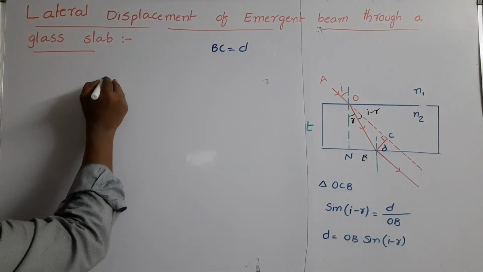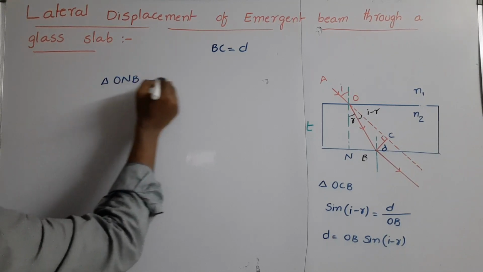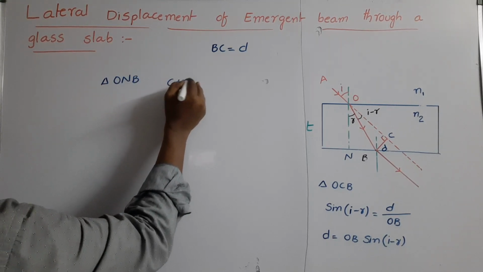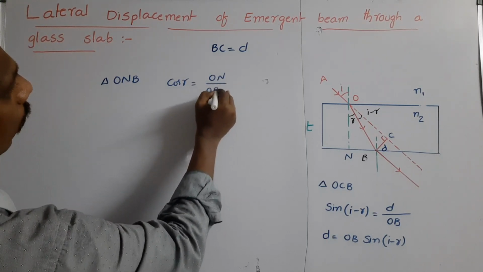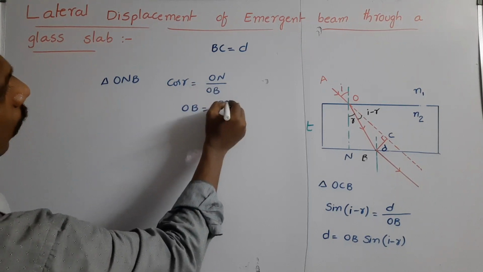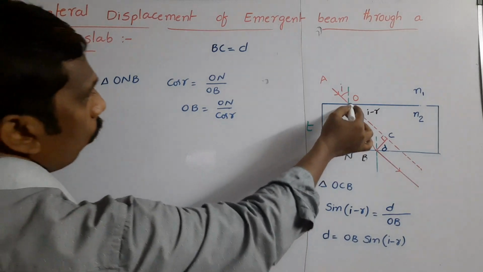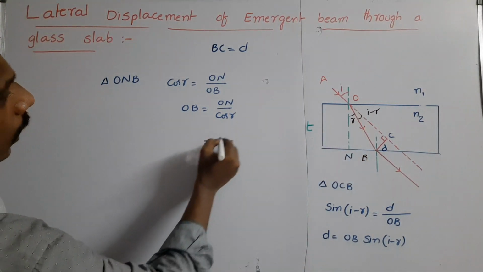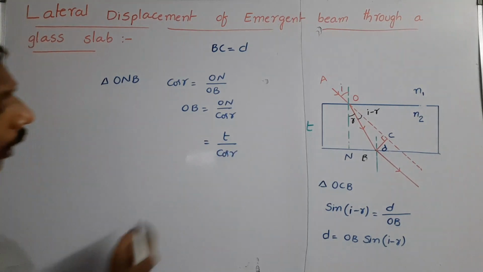From the right angle triangle ONB, cos r is equal to the adjacent side ON divided by the hypotenuse OB. From this, OB is equal to ON by cos r. ON is equal to the thickness of the glass slab, so we can write t by cos r.